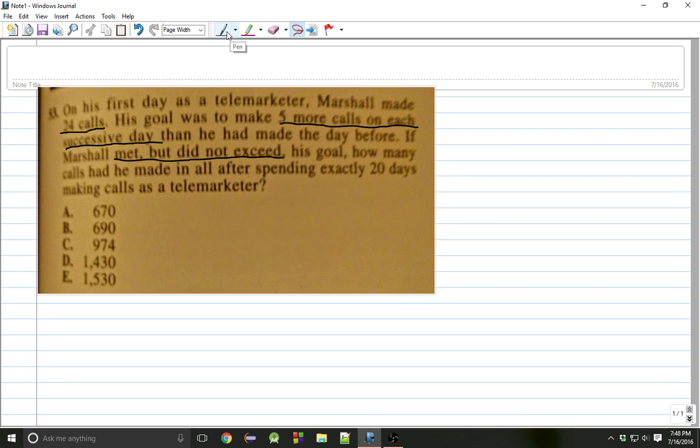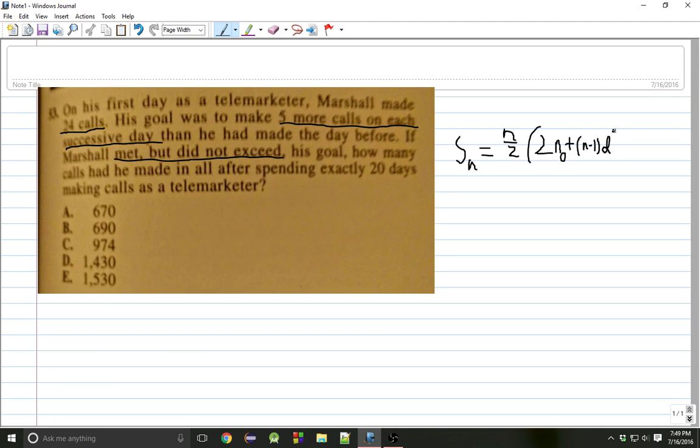So to find the sum of an arithmetic series, all you've got to do is: the sum of n equals n over 2 times 2 times n not 0 plus n minus 1 times d.